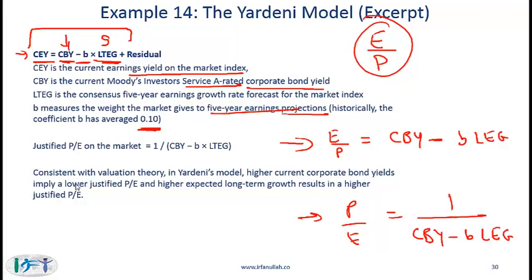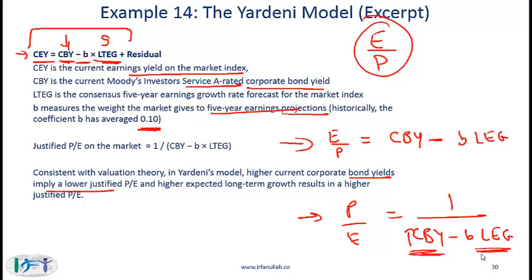Now notice that consistent with valuation theory in Gordon's model, higher current corporate yields, so if the corporate yield is relatively high, that means interest rates are relatively high. That would mean that stock prices should be low. So a high number for the yield on corporate bonds would imply a low justified PE.